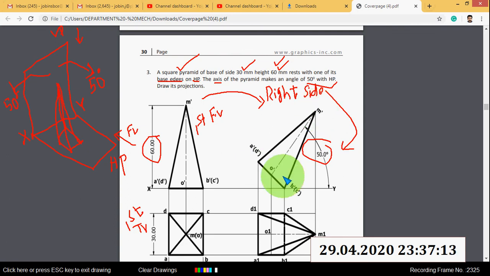Then you have to draw this triangle similar to this dimension. This is the second front view. Then project from here the first top view, and mark the intersecting points.